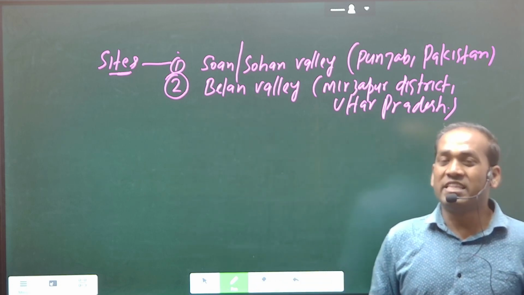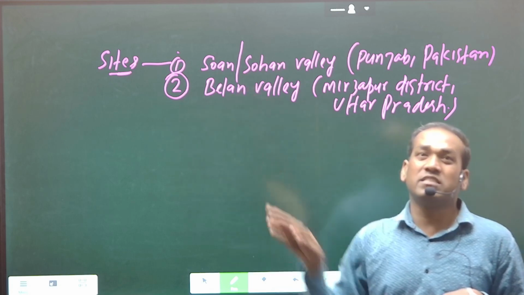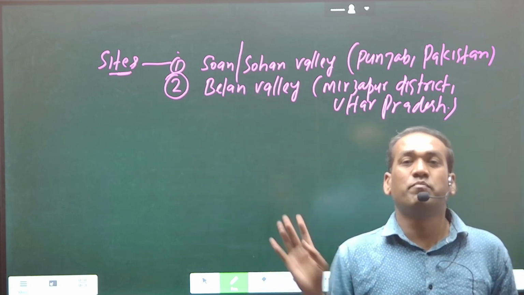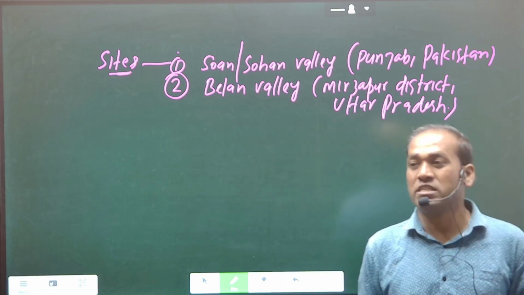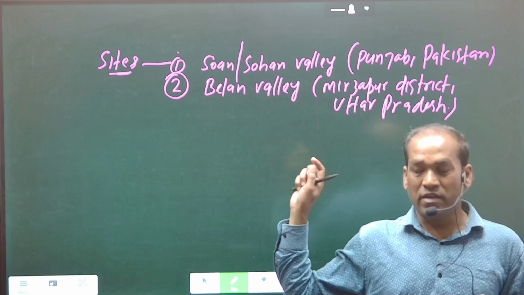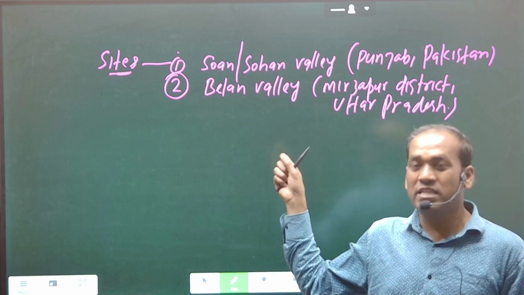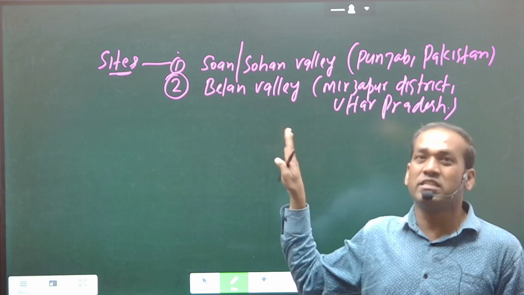Okay, and then we studied that Stone Age culture is broadly divided into three main parts. In order to go into detail of Stone Age culture, Stone Age culture was divided into three main parts: Paleolithic age, Mesolithic age, Neolithic age. I have already given the date for all the three ages.